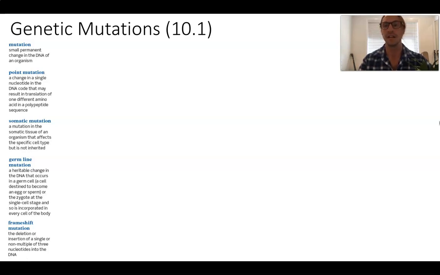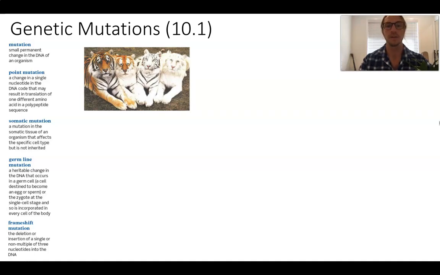If we have changes in DNA, this will cause changes in the mRNA, and that then in the amino acid sequence, and that will cause changes in the final protein. So anything with DNA can experience a mutation. That includes animals, fungi, protists, bacteria, and you and I.